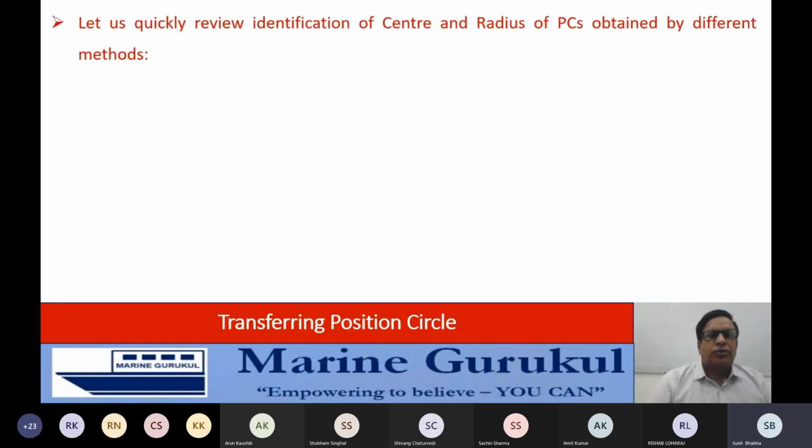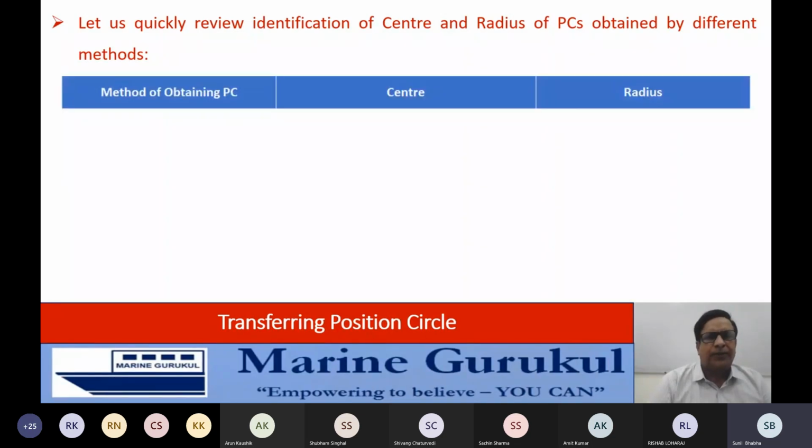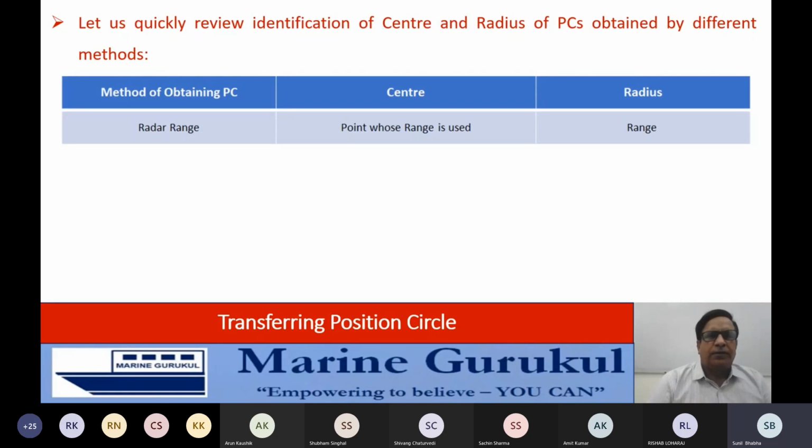Now, let us quickly review the identification of a center, because as I said earlier, the center of the position circle shall depend on the method which has been deployed to obtain the position circle. If we have got a position circle by radar range, then the object whose range has been measured by radar acts as the center.